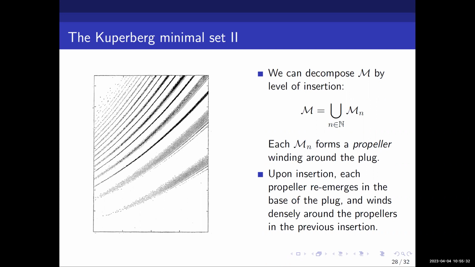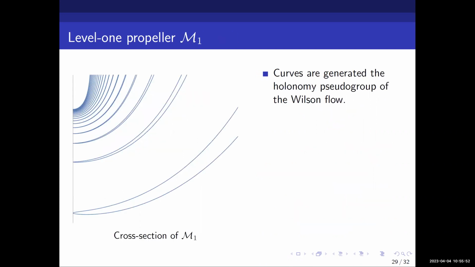So let's look at the first generation. Before we go through an insertion, let's just take this curve and flow it using the Wilson flow, which again just goes up and slows down if I'm close to the periodic orbits. If I'm looking in just a local section, then I get some picture like this.